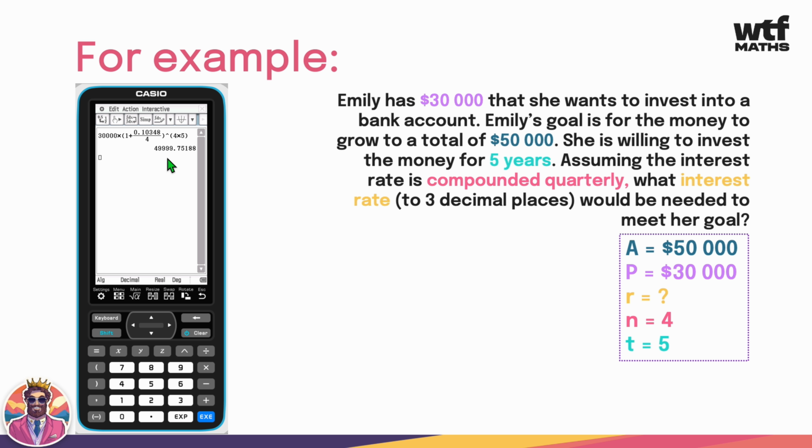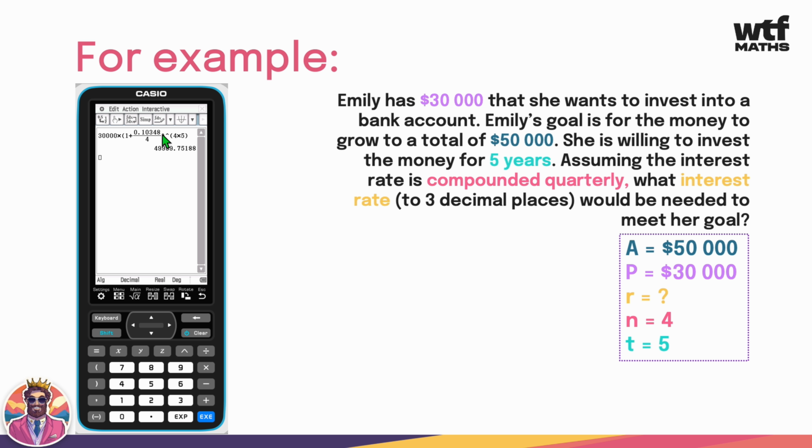Now, just to check my answer, I typed this on the main section of the ClassPad. So I typed in my equation 30,000 times 1 plus, and I used the answer we got, 10.348% as a decimal there, over 4 to the power of 4 times 5 is $49,999.75. Now, you might be wondering, hey, that's not exactly $50,000. Is something wrong? Well, it's only because we went to 3 decimal places.